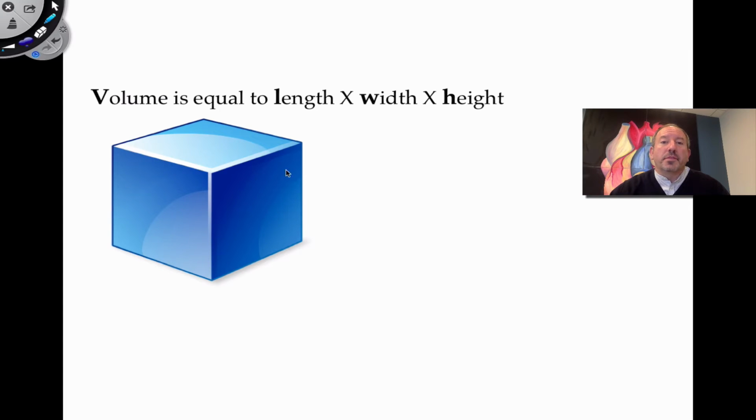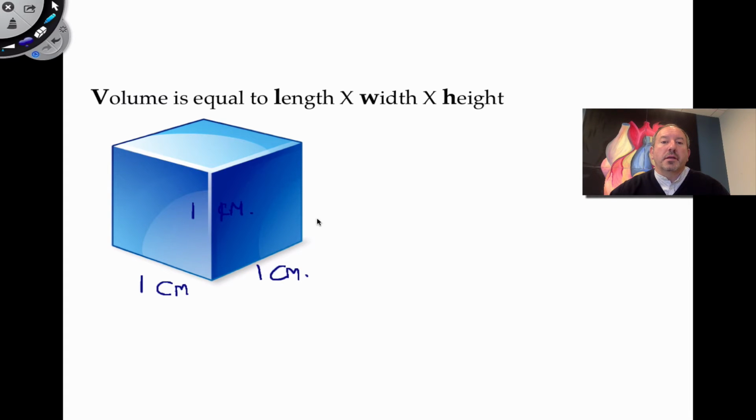You might be familiar with this, that the volume of a cube is equal to the length times the width times the height. So for example, if I throw in some numbers here, and I measure this with my ruler and say that this is 1 centimeter, the height is 1 centimeter, and over here is 1 centimeter.